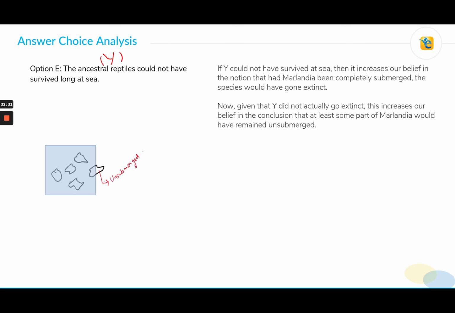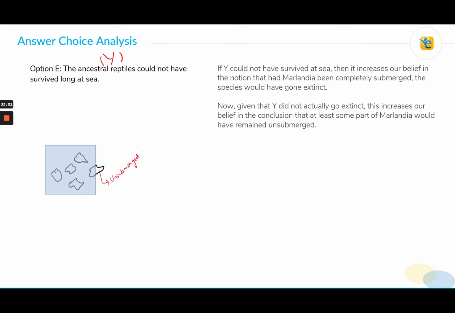Think about it. If the ancestor Y cannot survive underwater or on water, it could not have survived at sea, then it increases our belief in that idea that had Marlandia been completely submerged, the species should have gone extinct, right? If the species could not have survived underwater or on water, then if Marlandia got completely submerged, typically your species should have gone extinct.